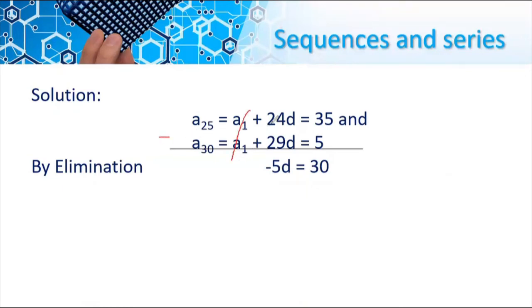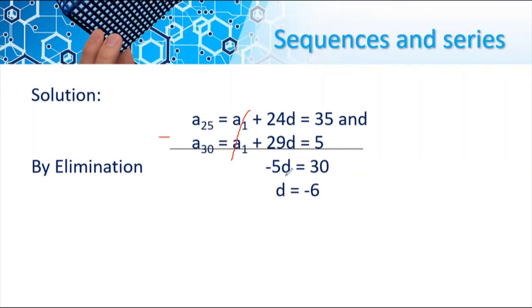Ang sumunod, 24 minus 29D, meron tayong negative 5D. Then, 35 minus 5, 30. So, makukuha natin ang common difference. Malinaw, no? At ang common difference ay negative 6.